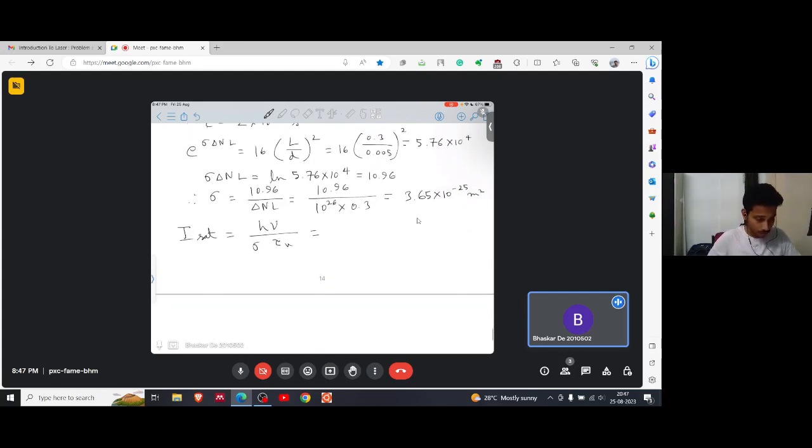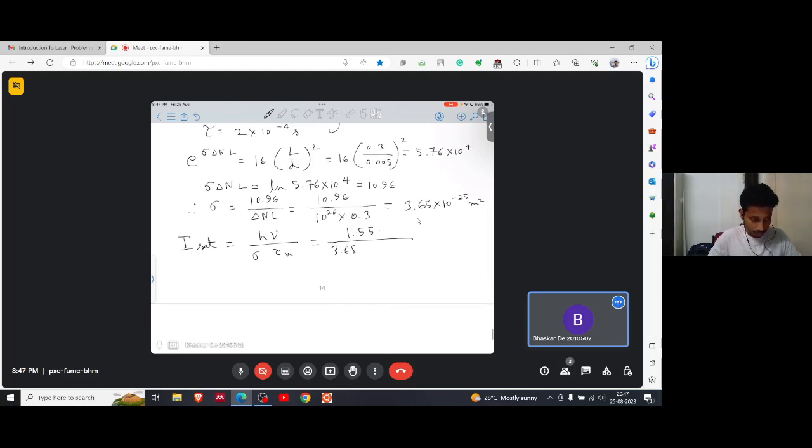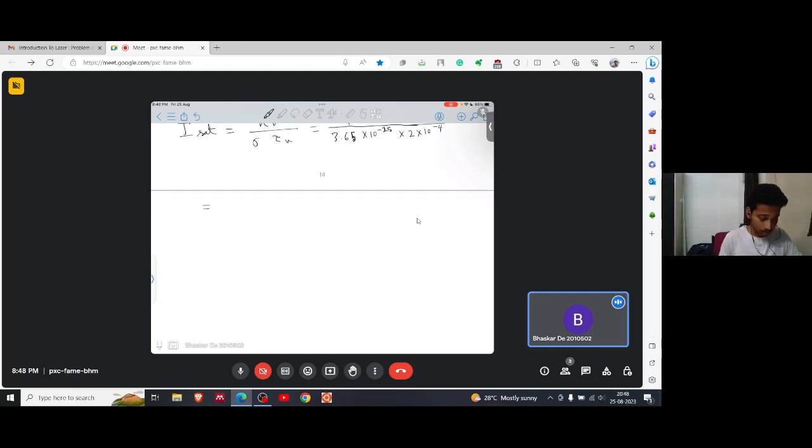So h nu equal to 1.55 electron volt, then sigma is equal to 3.665 into 10 to the power minus 25, then tau u equal to 2 into 10 to the power minus 4, which gives 2.12 into 10 to the power 28 eV per meter square second.